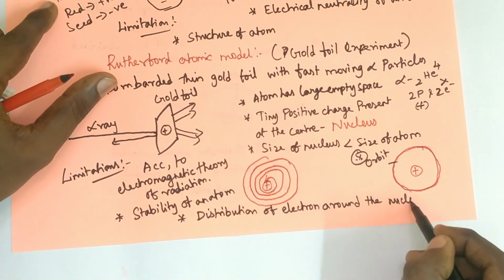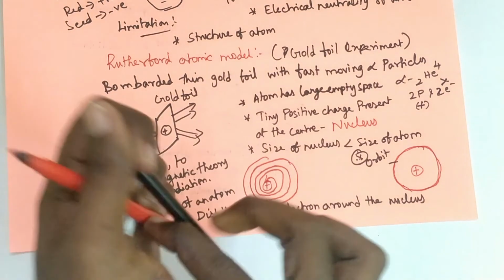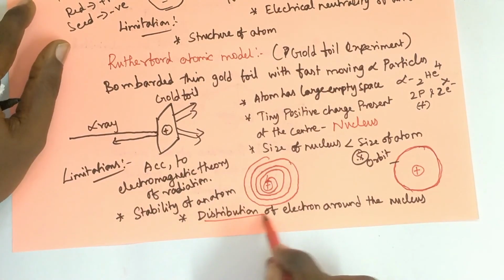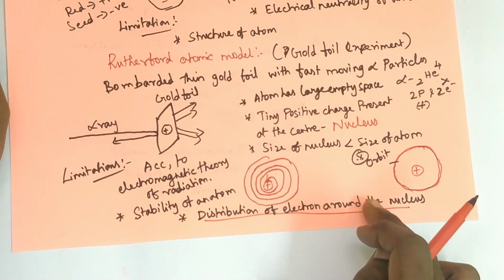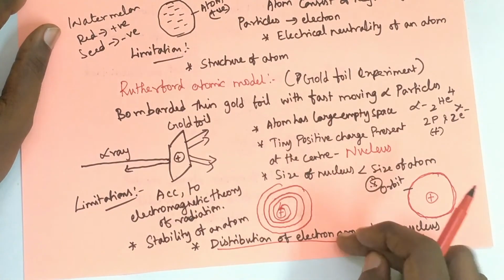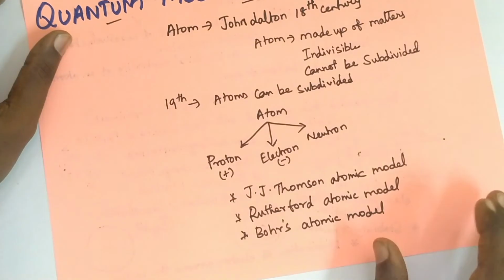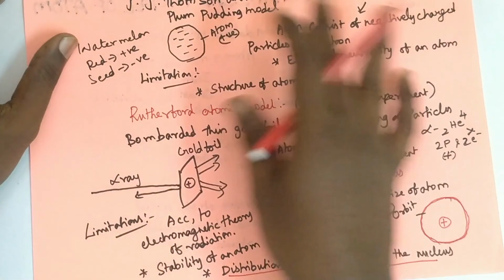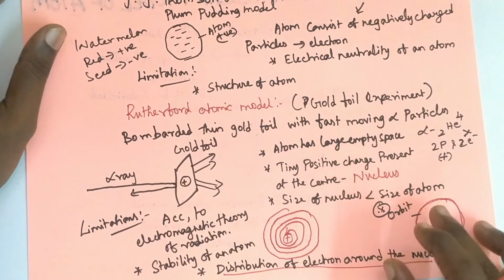Based on these limitations the next atomic model came. This limitation is overcome by Bohr's atomic model, which you will see in the next topic. This is all about the J.J. Thomson and Rutherford atomic models.